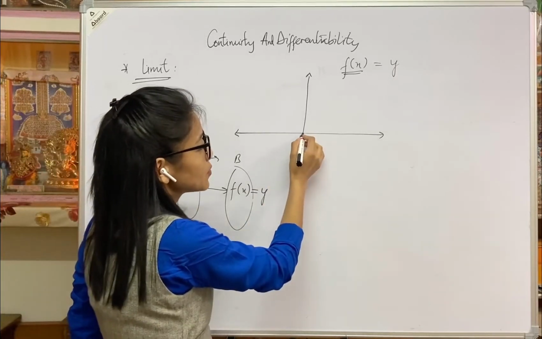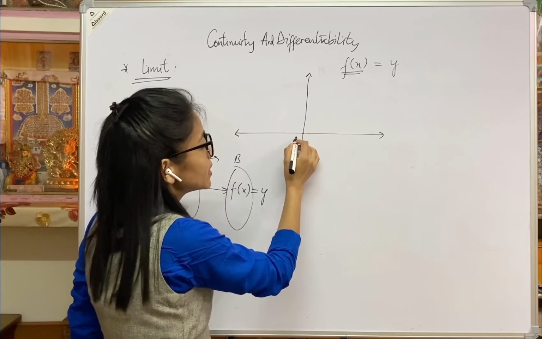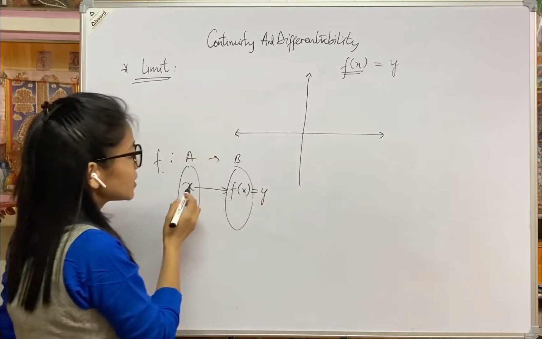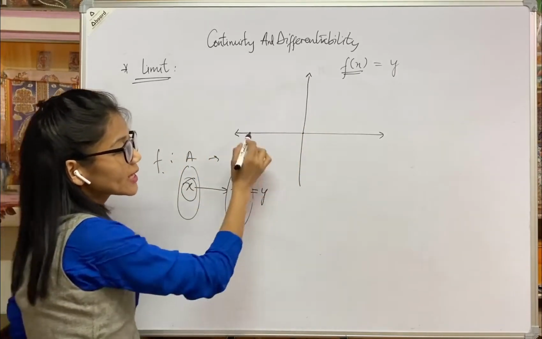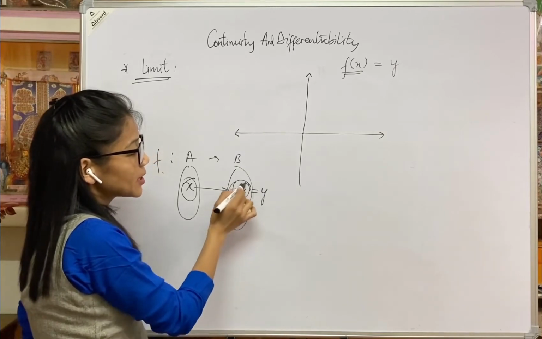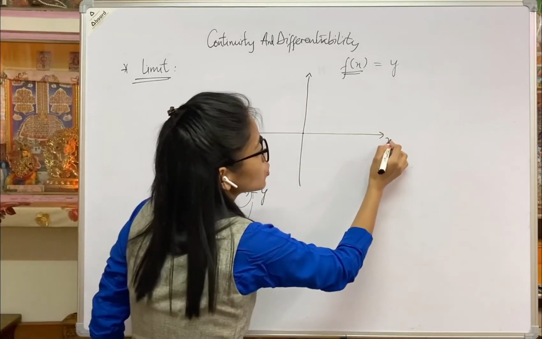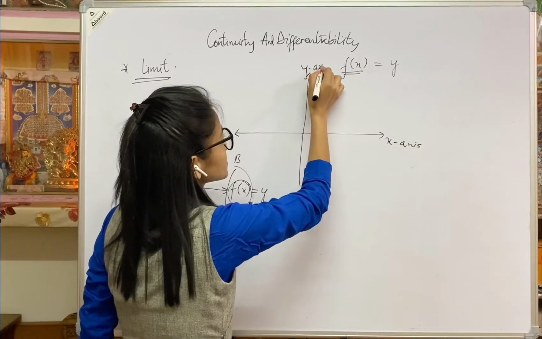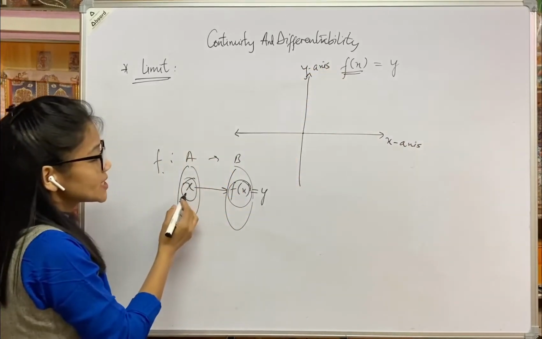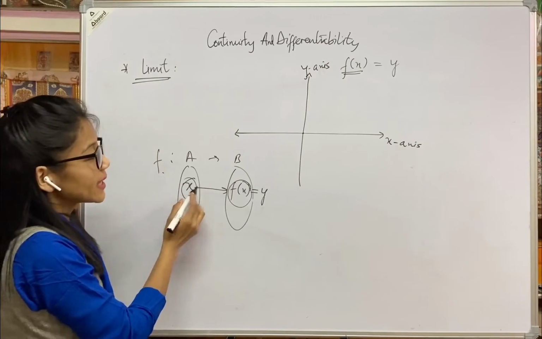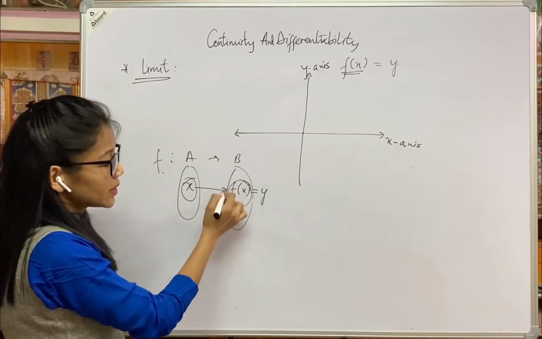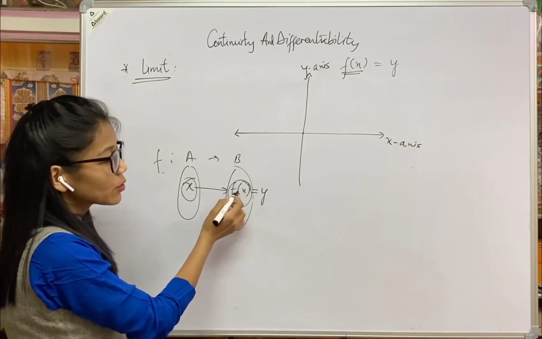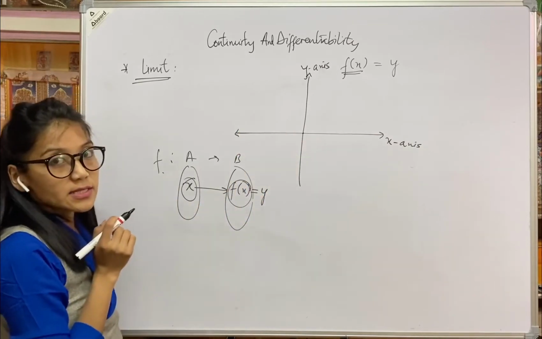Now, when we are talking about the limit, how do we define a limit? Before defining it, you just understand. We take the value of x on the x-axis, and we take the image on the y-axis. Graphically we'll try to see. We take the independent value on x and its image, that is y or f(x), on the y-axis.